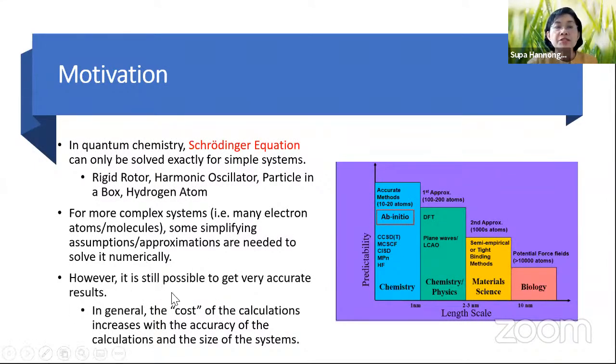However, it is still possible to get very accurate results compared to the experimental data, as I mentioned earlier. So experimental work and theoretical work have to go together. We have to support each other.